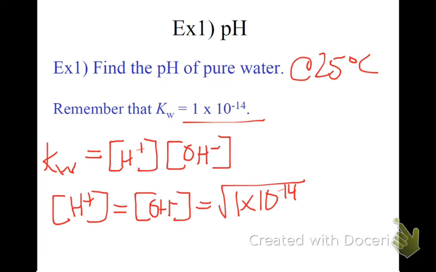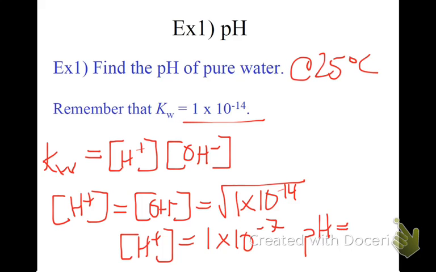So in pure water the concentration of H plus as well as OH minus is 1 times 10 to the negative 7th. And if we take the negative log of 1 times 10 to the negative 7th, we see that the pH is equal to 7, which is neutral. We've just proven it.